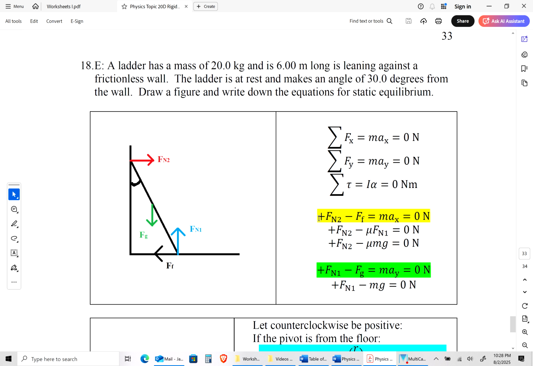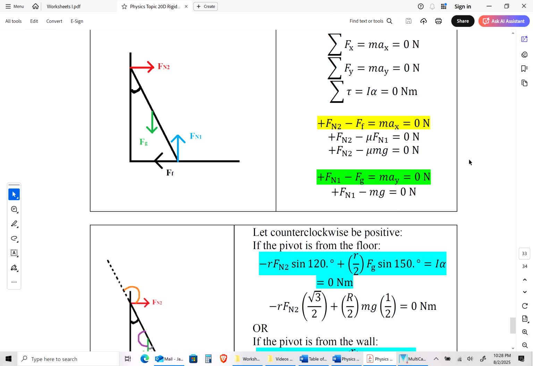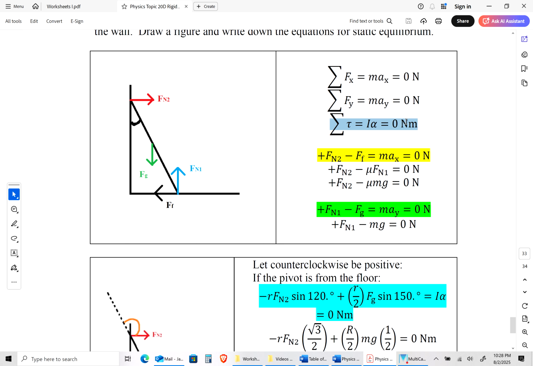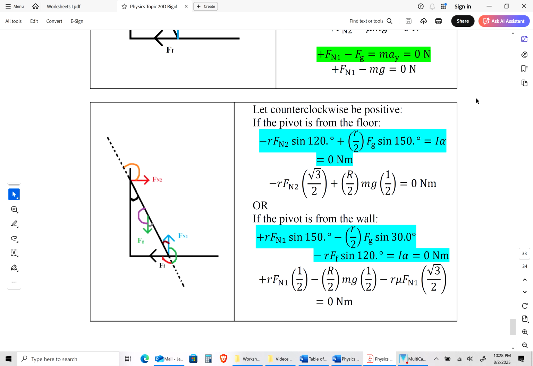So this yellow equation is all of the horizontal forces. This green equation is all of the vertical forces. Now, let's talk about this third equation here, torque equals I alpha. We don't want this ladder to rotate.